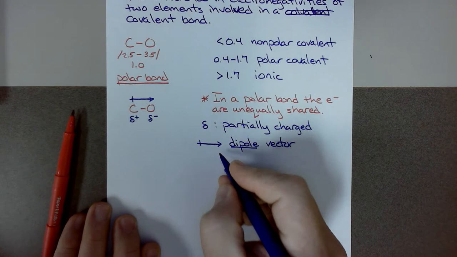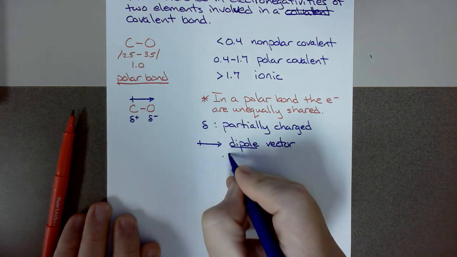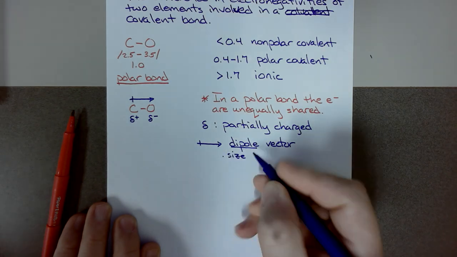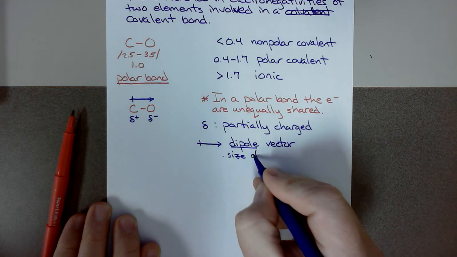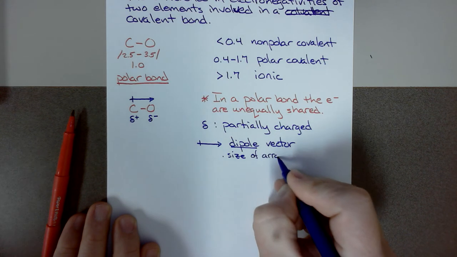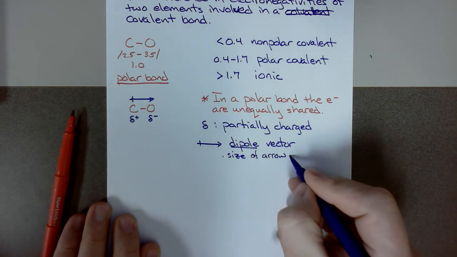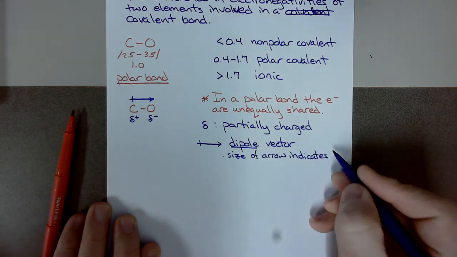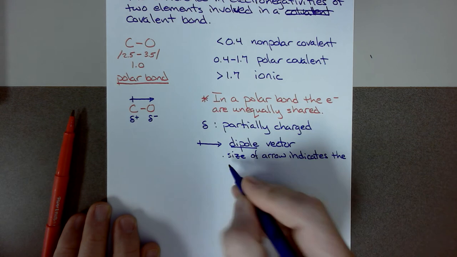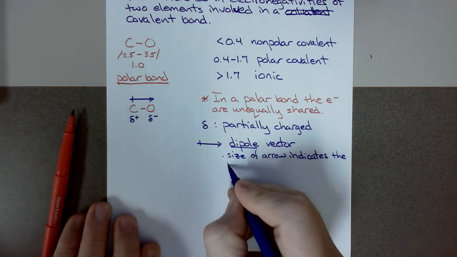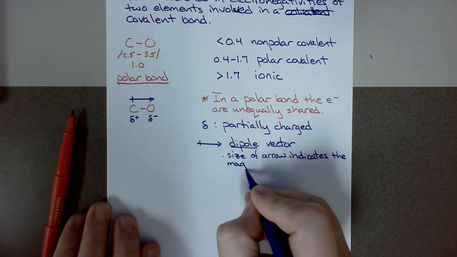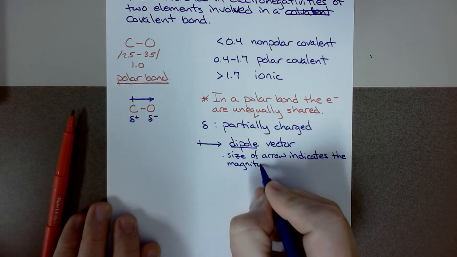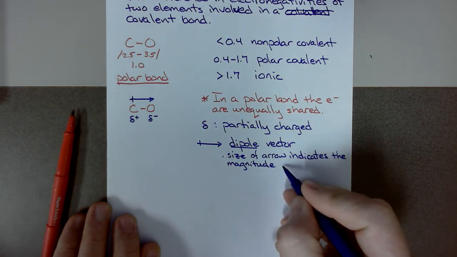Another thing is that the size of the vector, or of the arrow, indicates the magnitude of difference of polarity.